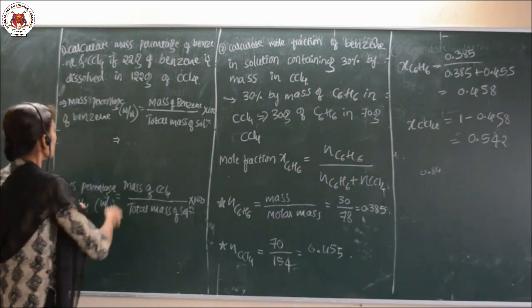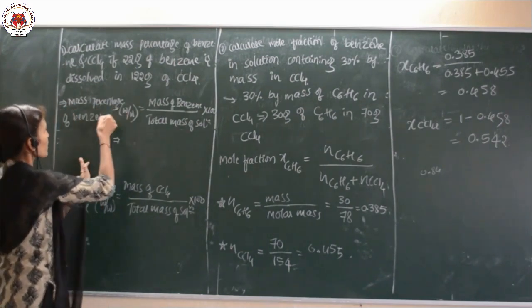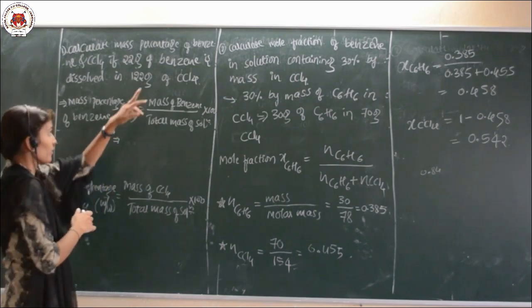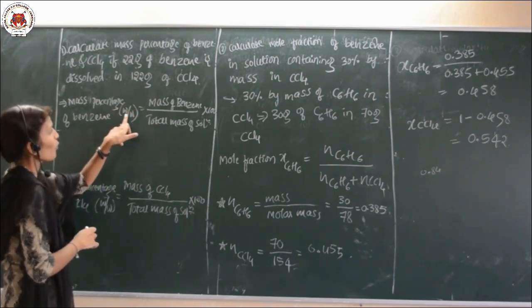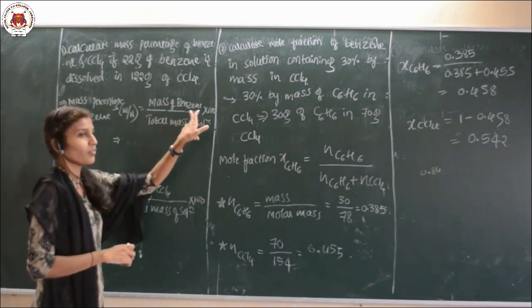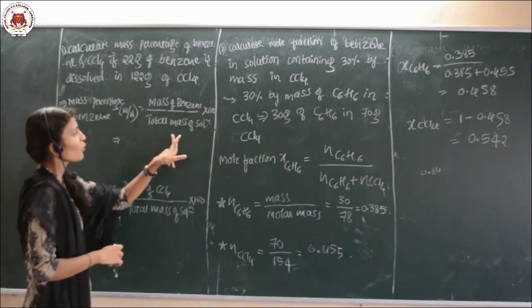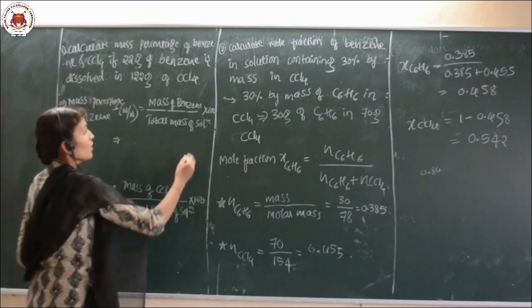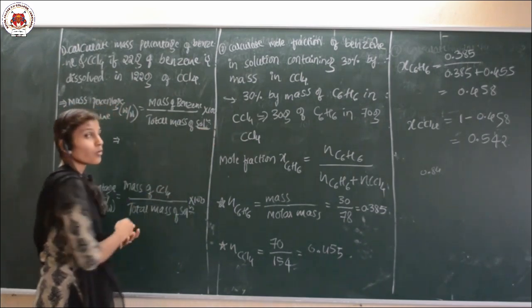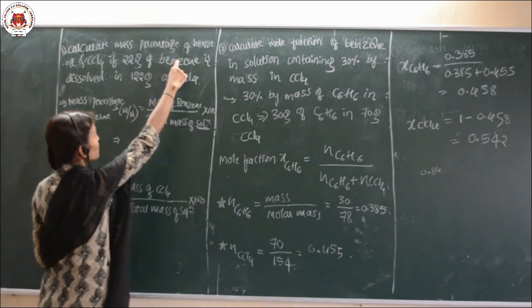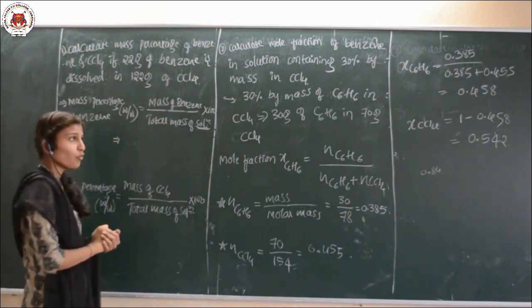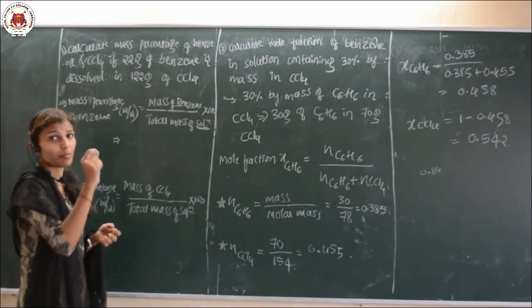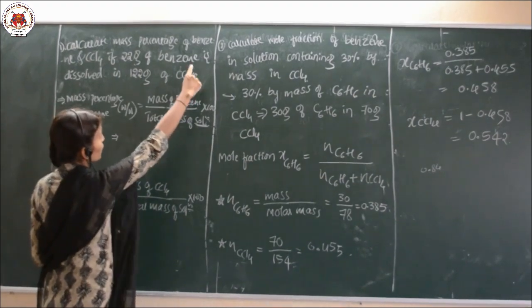So, we know that the mass percentage of any component, here the component is benzene, W by W, is equal to the mass of the benzene divided by the total mass of the solution, into 100. Here solution means two components must be there, one is benzene, one more is CCl4. So you have to add the masses of both CCl4 and benzene.